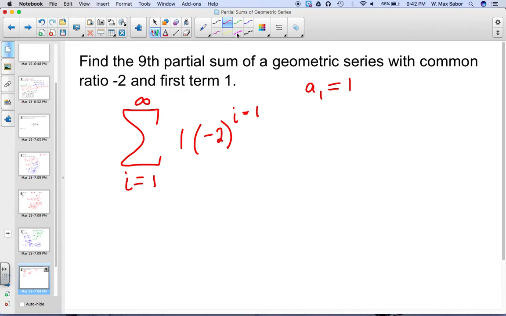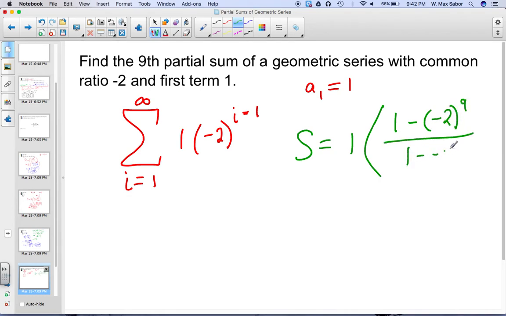We have everything listed out here, so I'm going to need to rewrite it. S is 1 times 1 minus negative 2 to the 9th over 1 minus negative 2. 1 plus 2 to the 9th is 512.